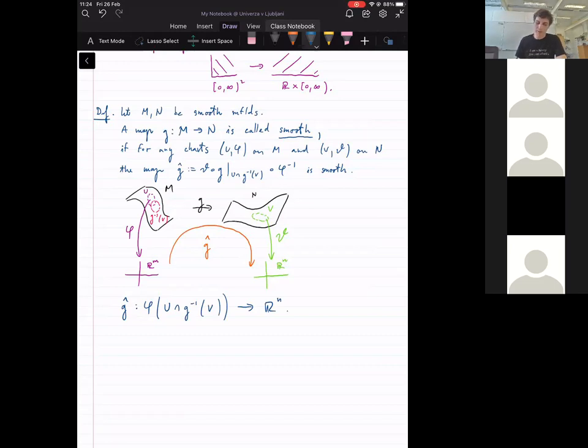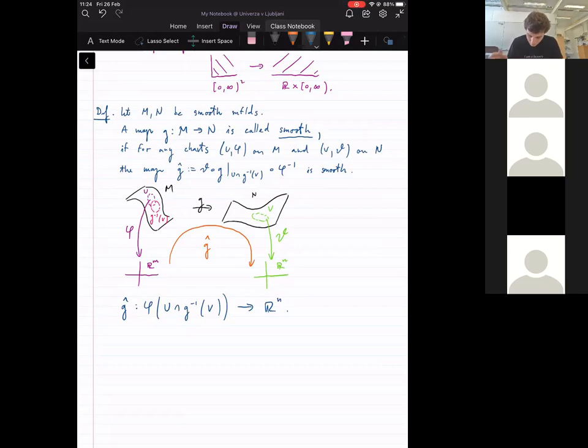Now here you see that we are taking the pre-image of V via the map G. And this is the reason why we sometimes also require the map G to be continuous in advance as a map between two topological spaces.